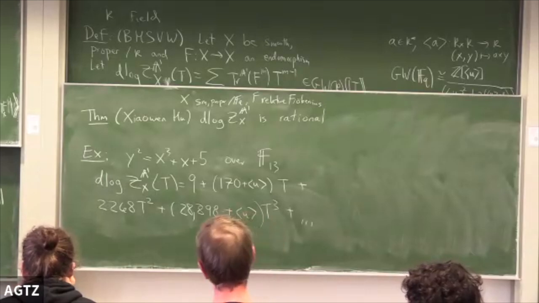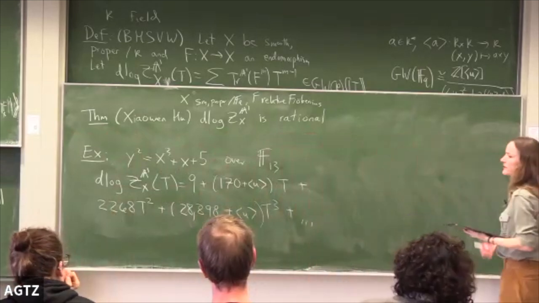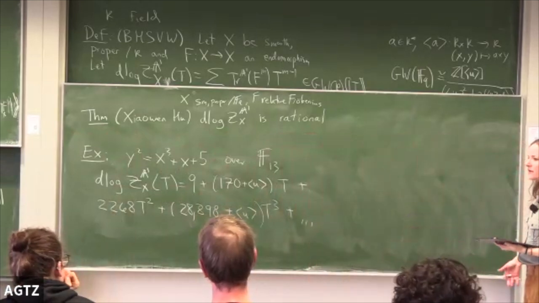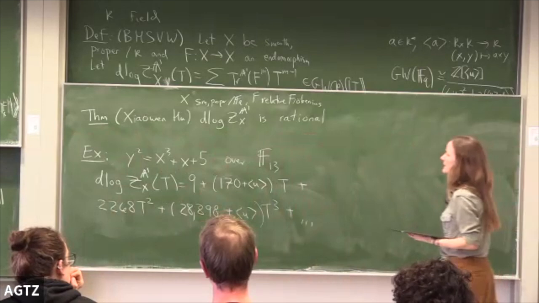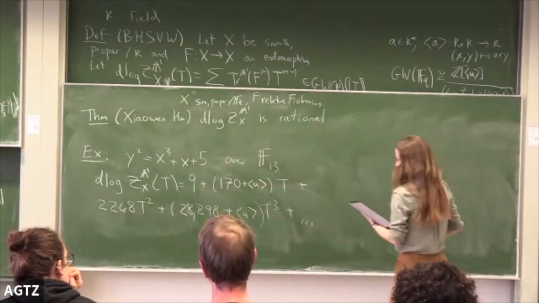So since you can compute these, you can find out that they are not coming from Kapranov's motivic zeta function, which puts in the K-naught of varieties symmetric power of X as its replacement for the trace of the Frobenius to the m.